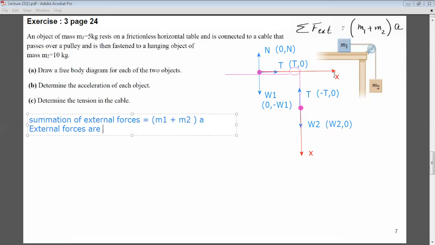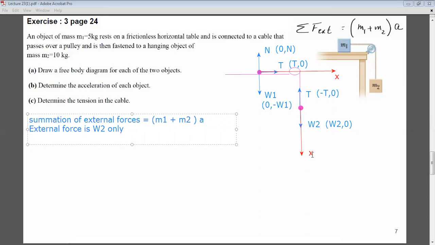This object is moving on the x-axis. Are there any external forces along the x-axis? No, there is tension, which is internal. The only external force is W2.